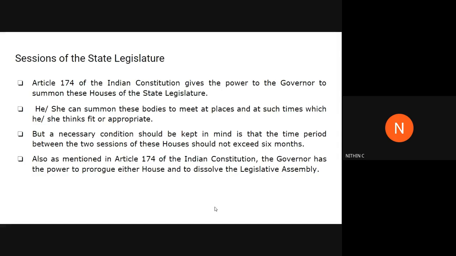So, coming to the sessions of the legislature. Sessions means സമ്മേളനം, or നിയമസഭാ സമ്മേളനം in Malayalam.